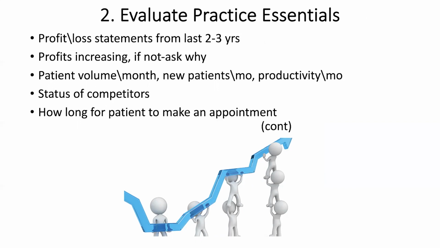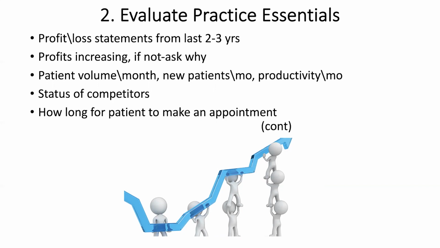We're going to have to look at the patient volume per month and the number of new patients that are entering the practice. We're also going to have to concern ourselves with competitors within the region or within the community. We're going to look at how long it takes a patient to make an appointment.